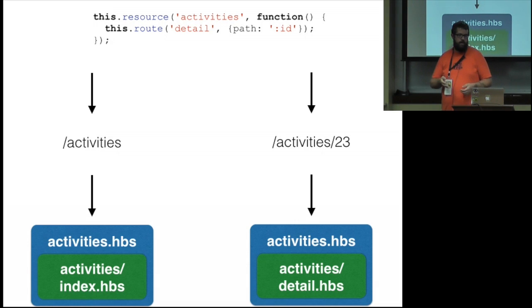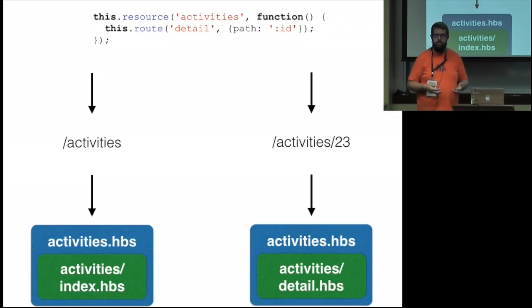But if I actually go to activities/23, which is my detail subroute, I'm going to get an activities/detail template. You can kind of see through this diagram how those get nested. If you have nested UI, you're going to have nested URLs to navigate down into that UI.